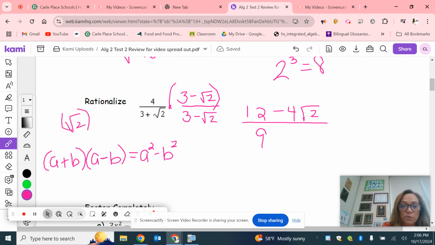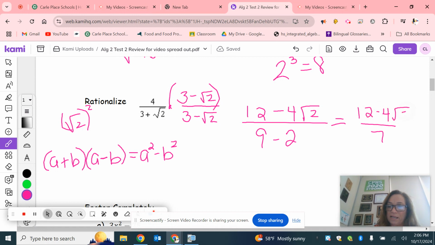Radical 2 squared is the whole number 2. So that ends up being 9 minus 2, which is 7, which is a rational number. And that's why you're rationalizing the denominator. Now the denominator is a rational number. I'm just going to copy that. Sometimes it simplifies even further, but 7 and 12 don't have any common factors.